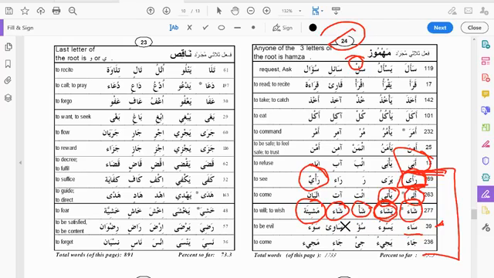Sa'a means to harm, or here they said to be evil. Sa'a means to harm or harmed, actually, since it's in the past tense. Yasu'u, harming, inflicting.